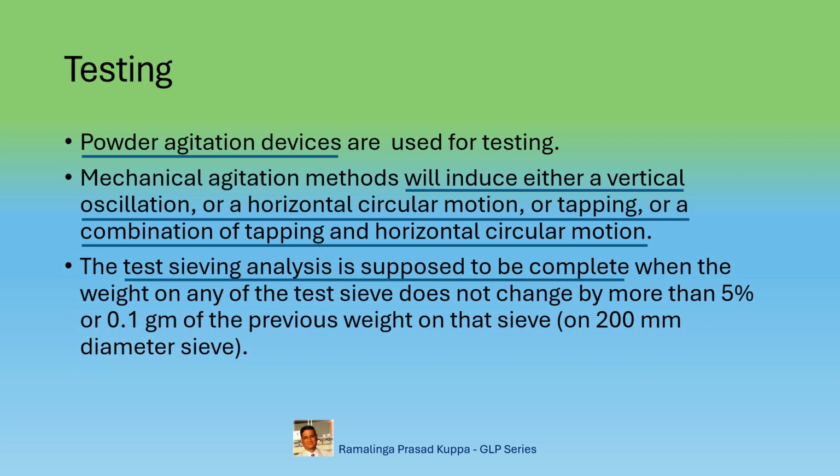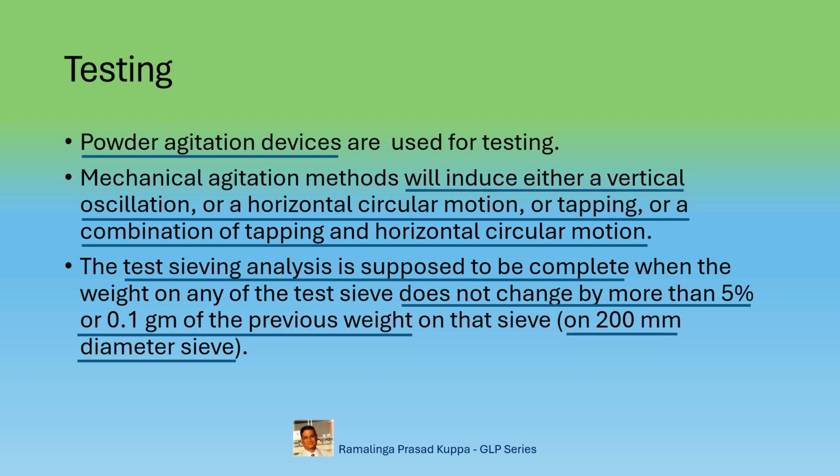The test sieving analysis is supposed to be complete when the weight on any of the test sieve does not change by more than 5% or 0.1 gram of the previous weight on that sieve, that is on 200 mm diameter sieve. This point should be noted.